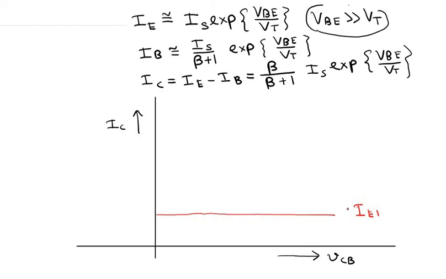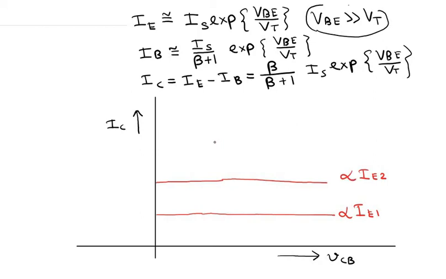IE1 is a given emitter current, so this is actually alpha times IE1. If we increase the emitter current, then the collector current would also increase. So this is for IE2.